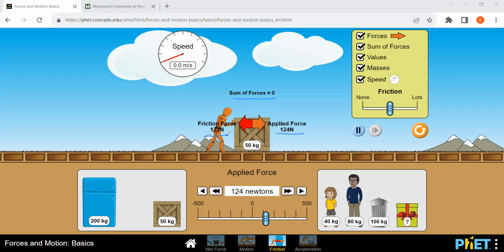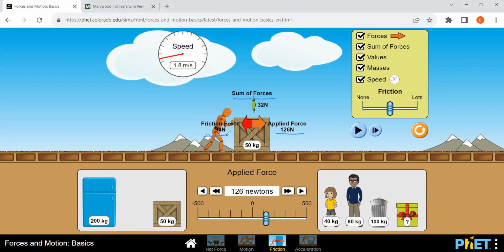Now let's see, how about 125? Still it is balanced by the friction force. How about 126? So you see two things here.